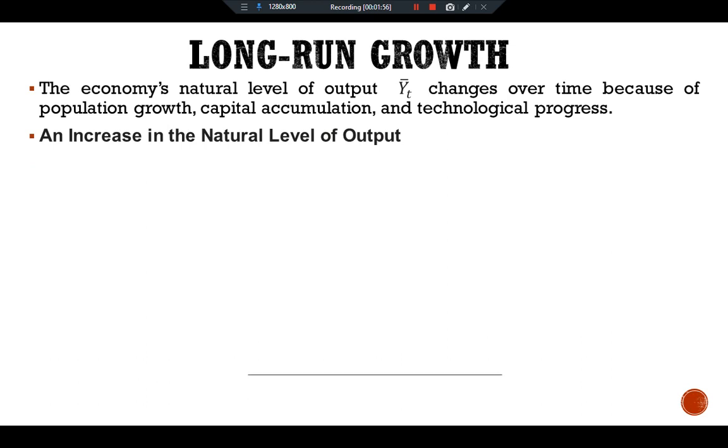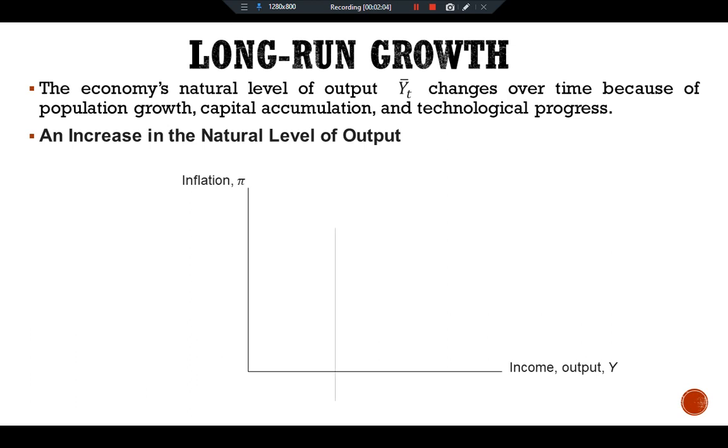We have income output Y on the x-axis, inflation π on the y-axis, a vertical natural level of output curve Ȳt at that level of national income, a downward sloping dynamic aggregate demand curve, and an upward sloping dynamic aggregate supply curve.